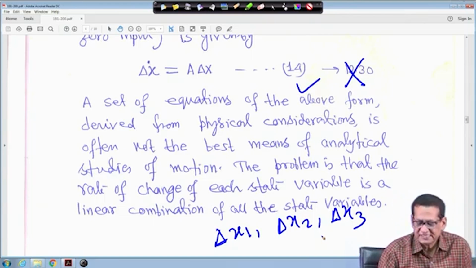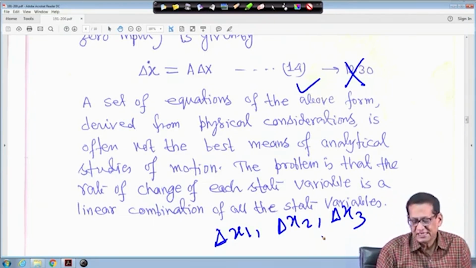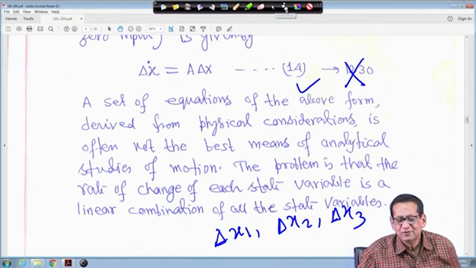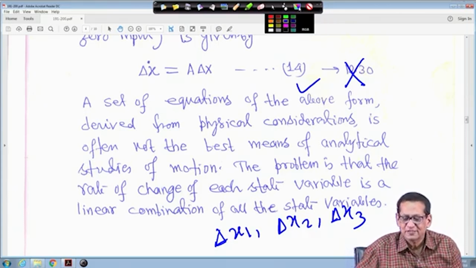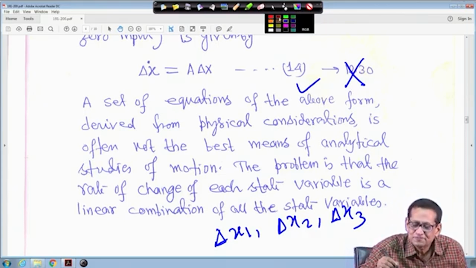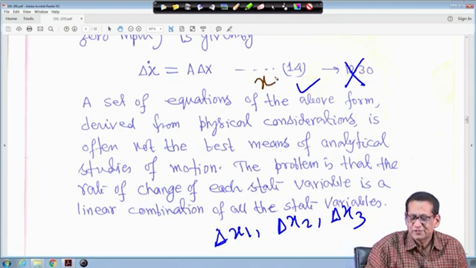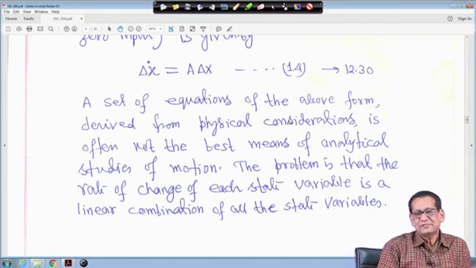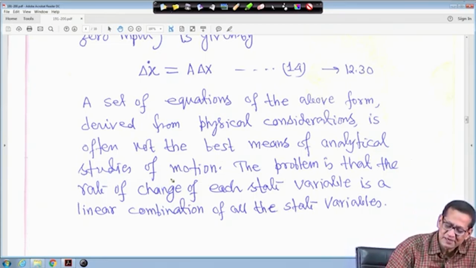Now, suppose you have 3 state variables, then I am just overwriting on it.